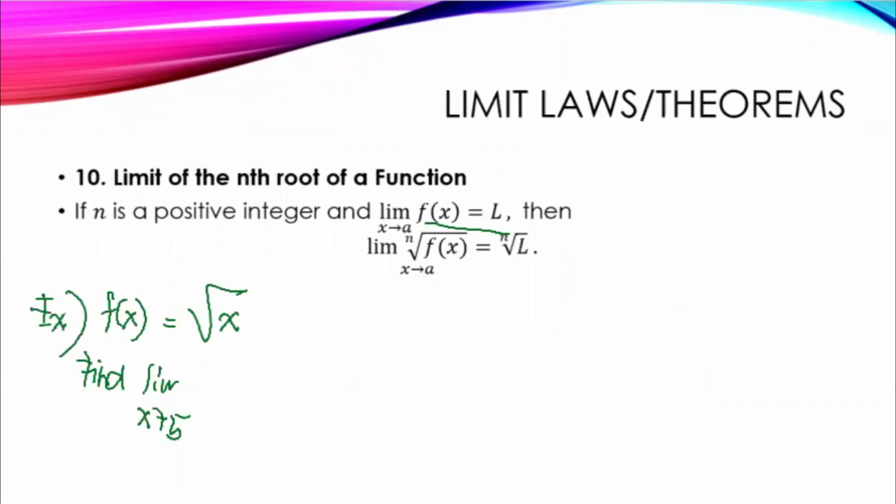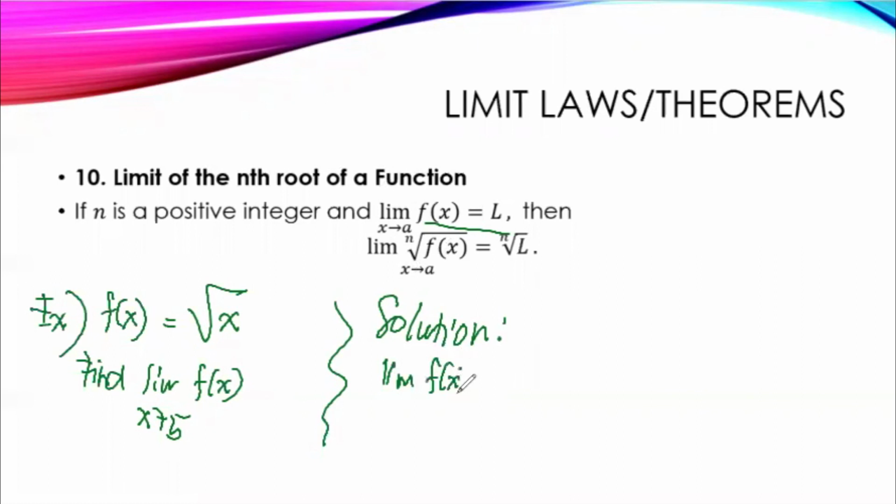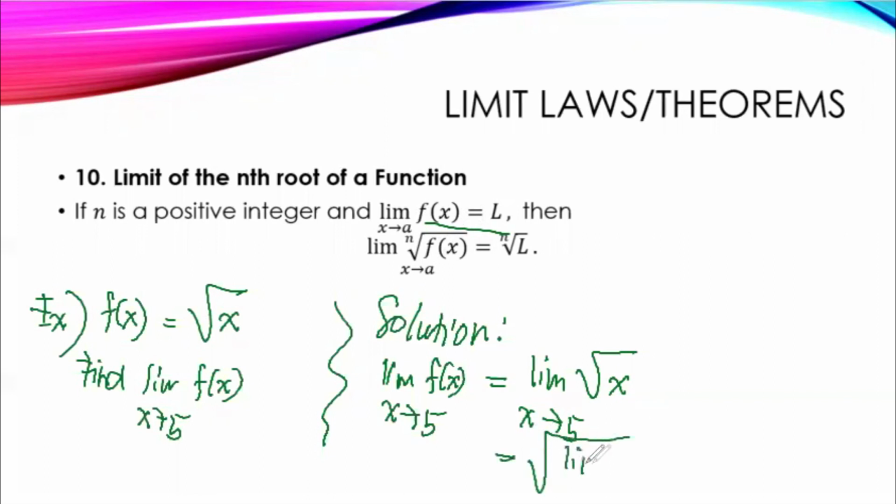Let's go back to our example. Find the limit of f of x as x approaches 5. Solution: the limit of f of x as x approaches 5 is simply equal to the limit of the square root of x as x approaches 5. Then, applying the theorem, this can be written as the square root of the limit of x as x approaches 5.